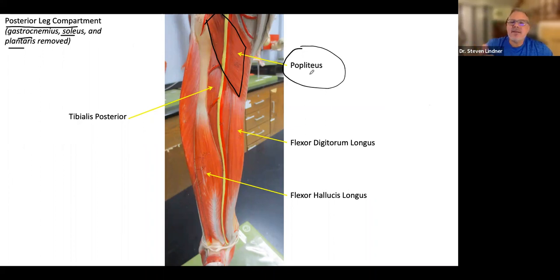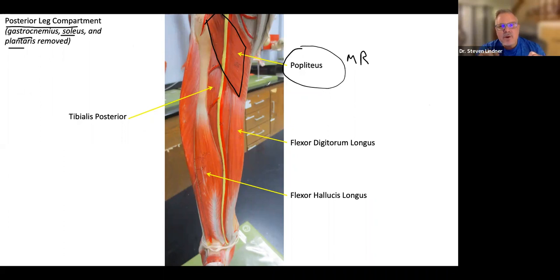What do we mean by the key that unlocks the knee? In order to unlock the knee, in order to flex the knee, it has to medially rotate just a little bit. When the leg is extended, in order to go from an extension to a flex position, the popliteus contracts and it medially rotates the tibia just an itsy bitsy bit.